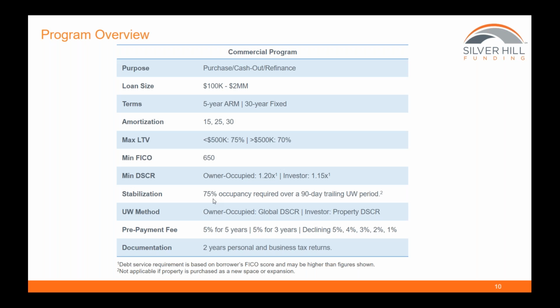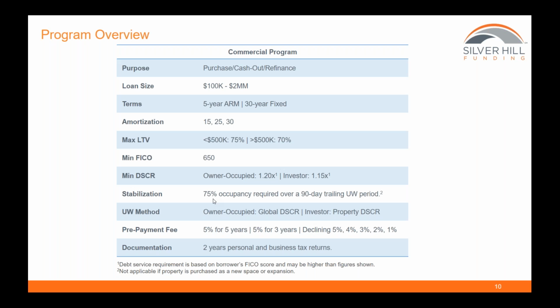Whereas in a bank, when they do global, they want to see the full picture and they're going to consider both. Okay. For investor deals, which is about 70% of what we do, we're going to look only at the property. All right. Property cash flows is the name of the game, and we're going to look to those debt service coverage ratios to make sure that they work.